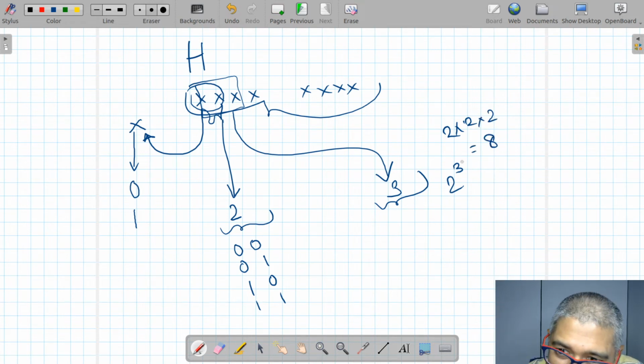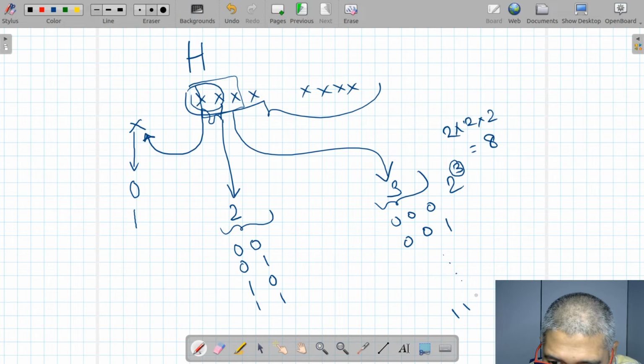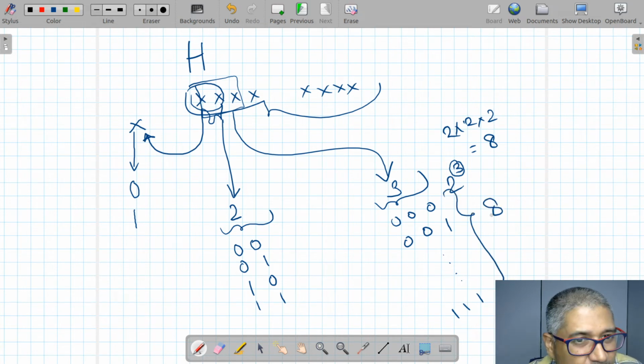So this number says how many options: 0 0 0, 0 0 1, like that, a total of 8. Okay. Yes, sir.